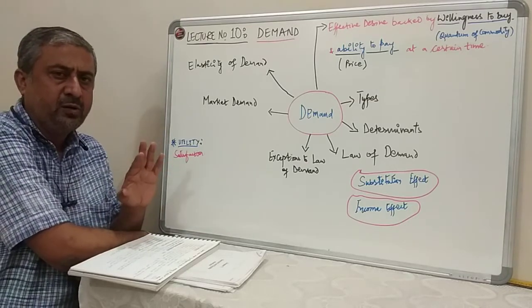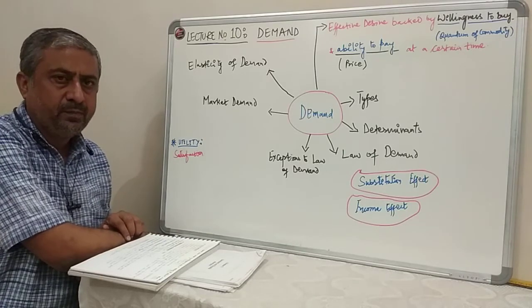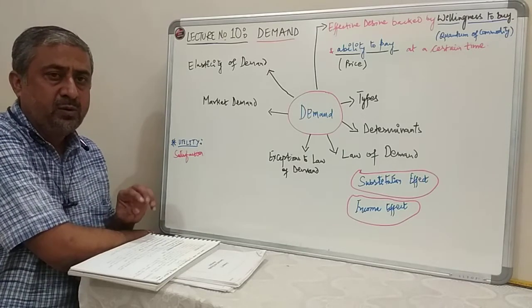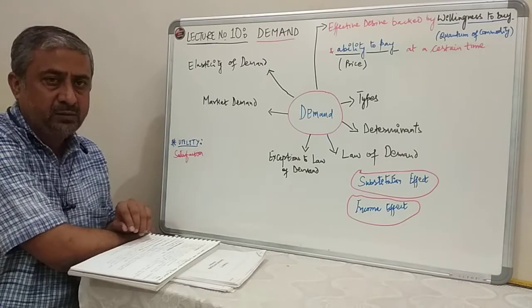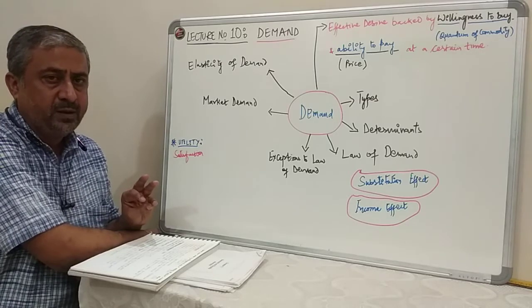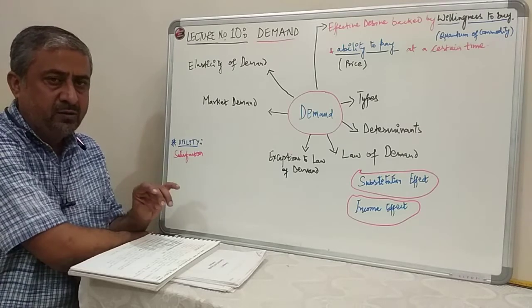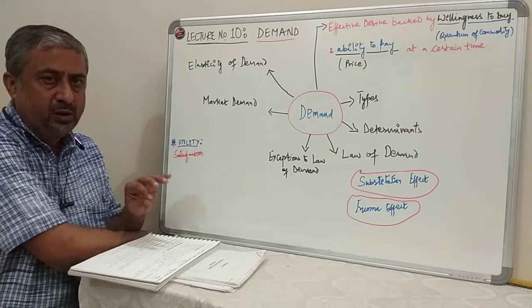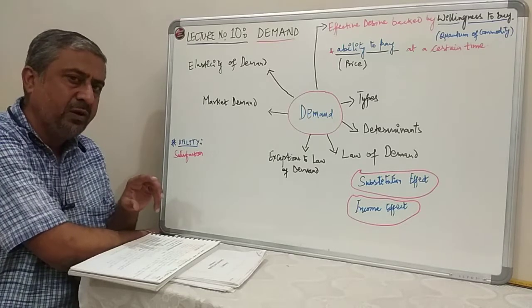A very simple test of whether your product is going to have demand or not: are the people willingly ready to buy? Willingly means what? The prices are suitable for them, no heavy advertisement, the product is up to the mark, within the range of income. Because of these, there is willingness to buy.